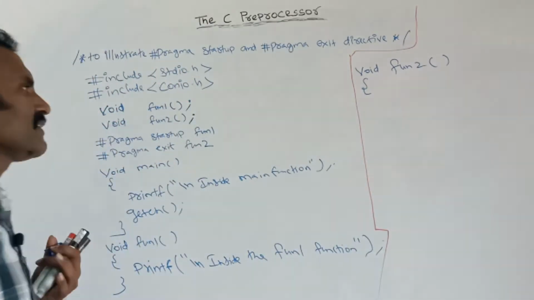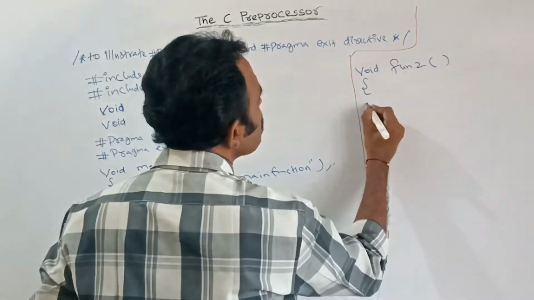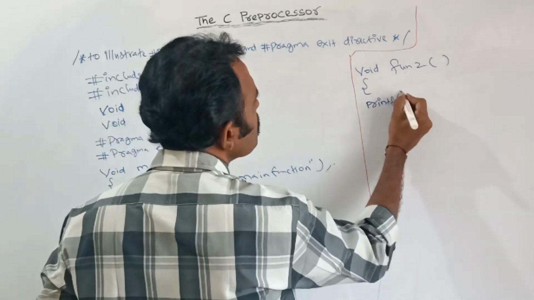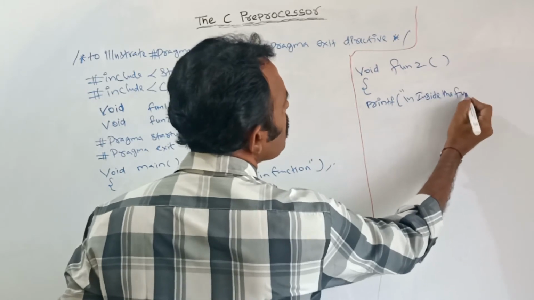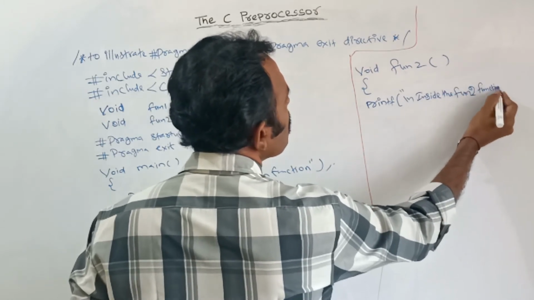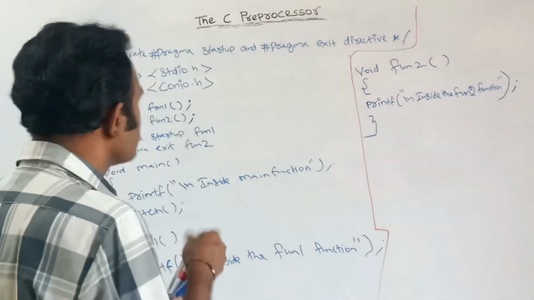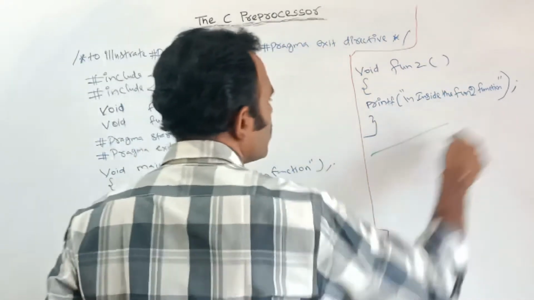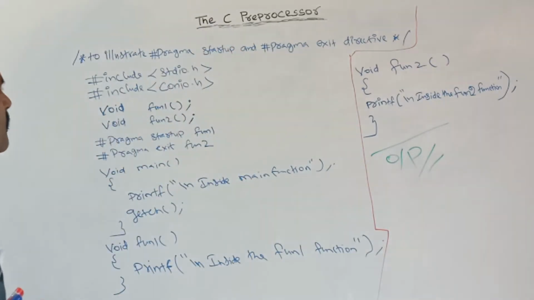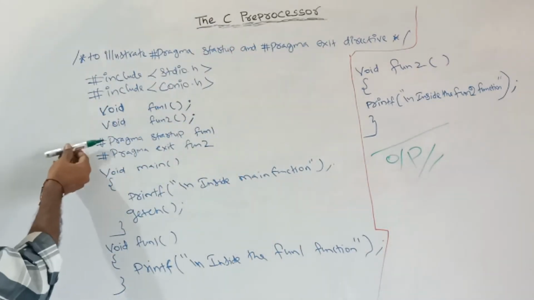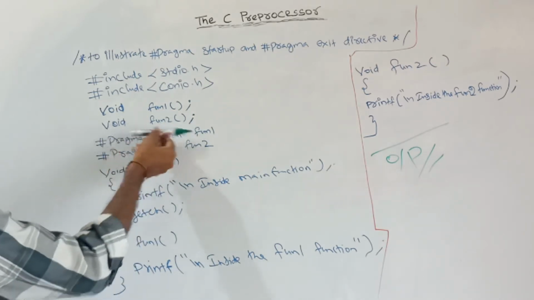Here also, inside the function, I am simply telling it to print the message. So when we execute this program, in the output, the controller will first go to the function mentioned in the pragma startup directive.